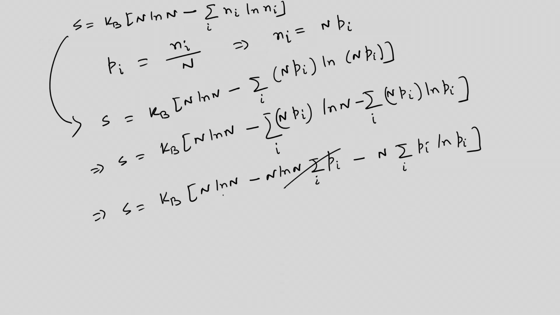So, sum over i Pi gives us 1. So, n ln n and minus n ln n sum over i Pi cancel each other. So, we get S is minus n times Kb sum over i Pi ln Pi.